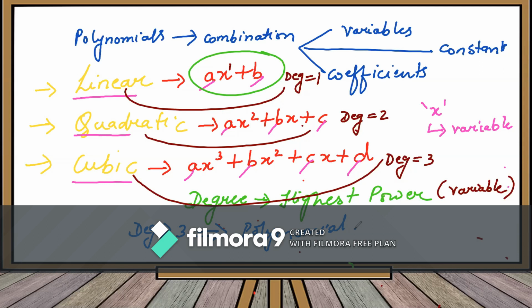Now, when does this polynomial become an equation? As we are dealing with the topic of quadratic equations, when does this quadratic polynomial become a quadratic equation? When I say equation, obviously the equal to sign has to be there, right? So when I just equate my quadratic polynomial with 0, it becomes an equation. For example, ax square plus bx plus c equal to 0.